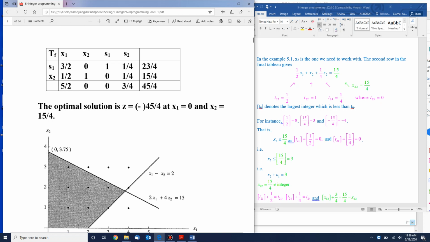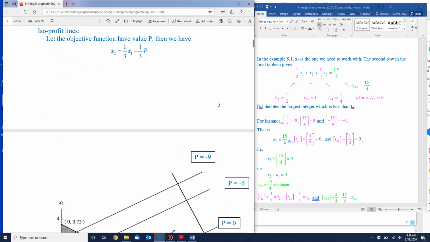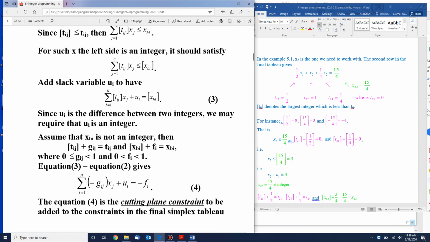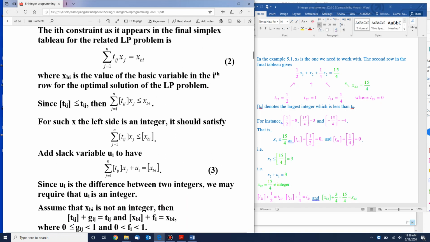Now we take it as the second constraint of the example in its final tableau, and we just follow what we worked on. So we have that, the equation 2.